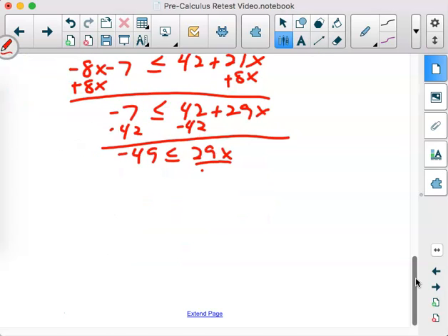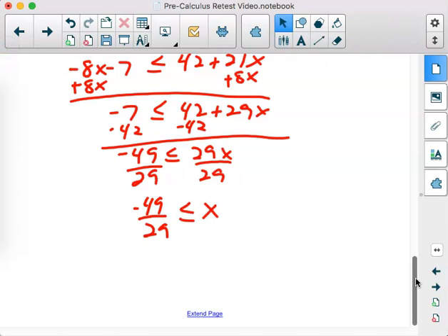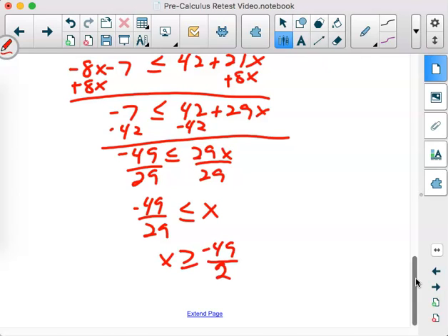And divide both sides by 29. And that's a positive 29, so we don't need to do any flipping. And we'll get x is greater than negative 49/29. And that could be totally reversed in order to get exactly the same answer, but as we would read it off, x is greater than or equal to negative 49/29.